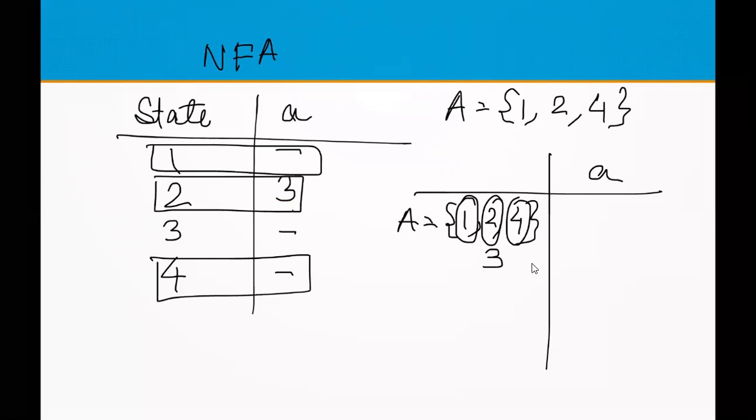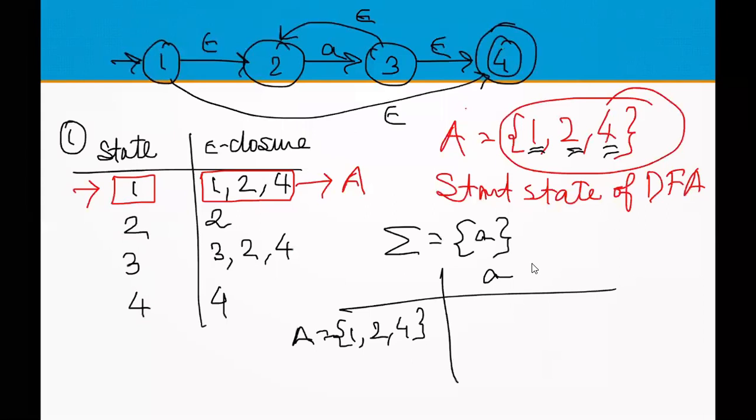So what will I take? I will take the epsilon closure of 3. Okay, so that will be my transition here. So let's see what was the epsilon closure of 3. Epsilon closure of 3 was this, 3, 2, 4, or 2, 3, 4, any way you want to write it.